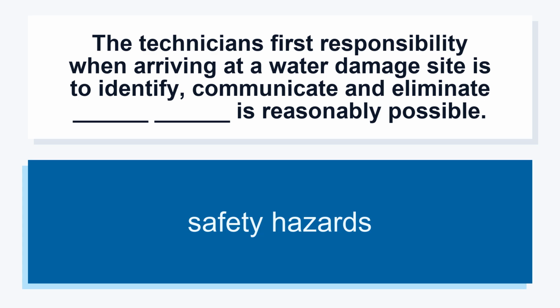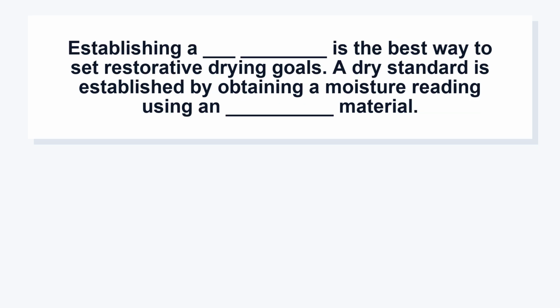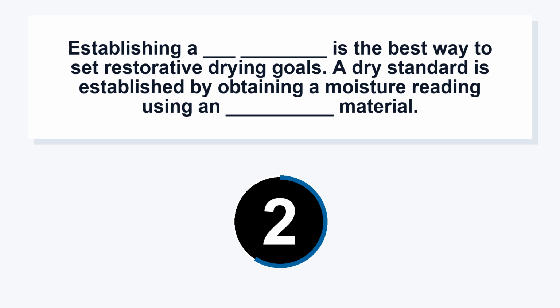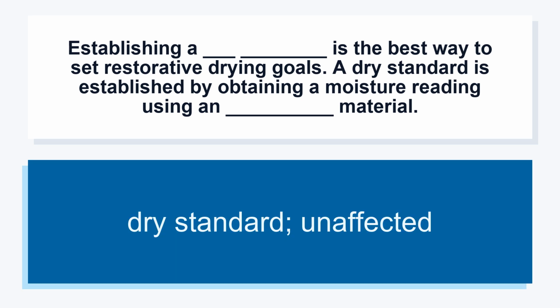Establishing a dry standard is the best way to set restorative drying goals. A dry standard is established by obtaining a moisture reading using an unaffected material. Dry standard, unaffected.